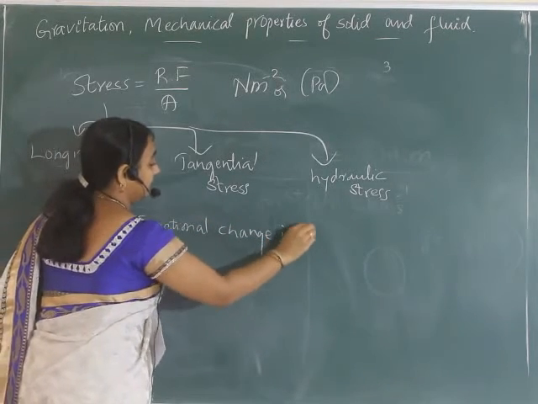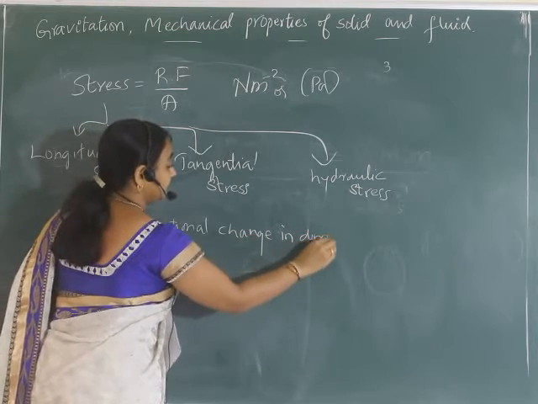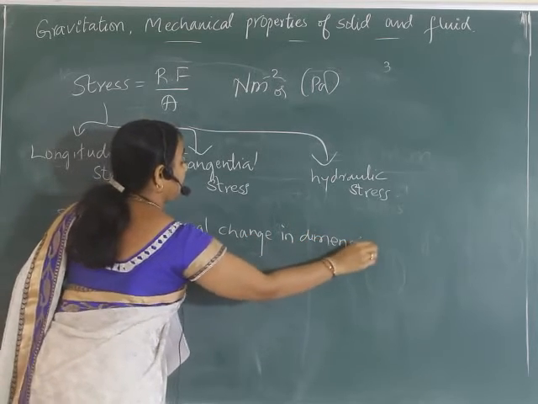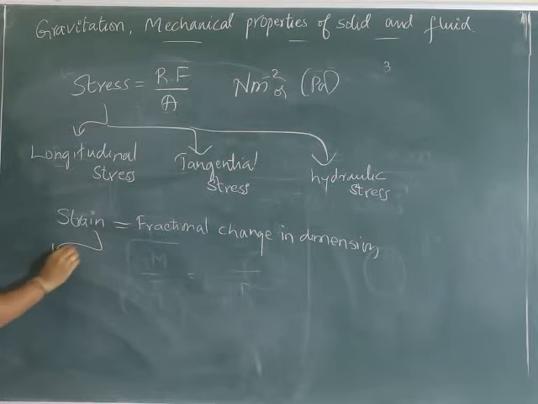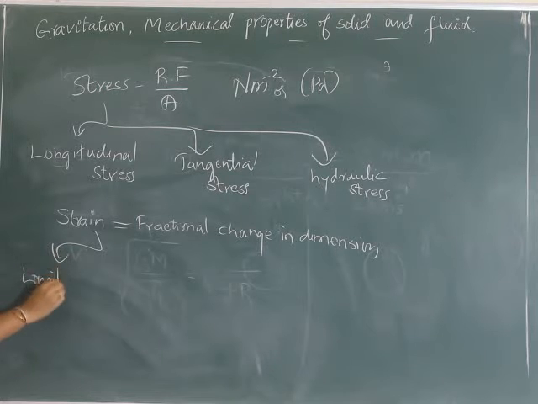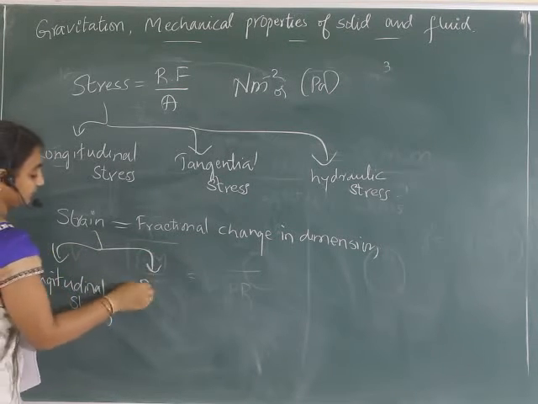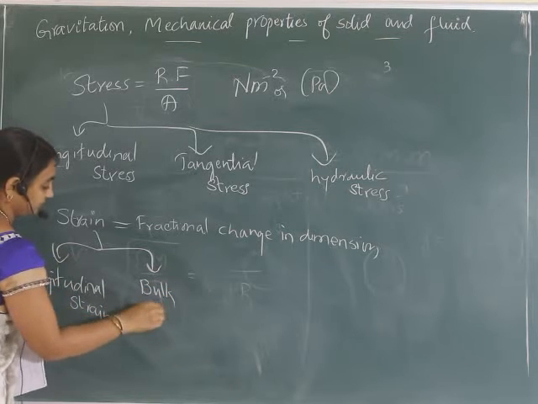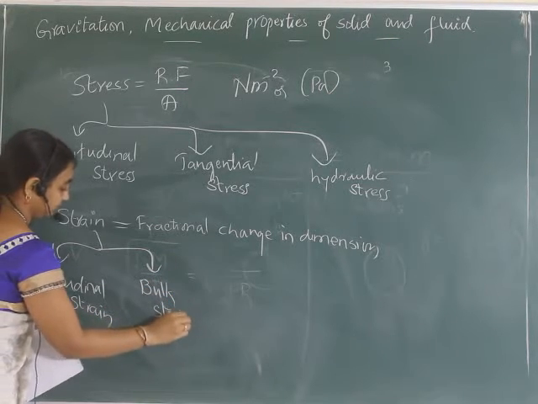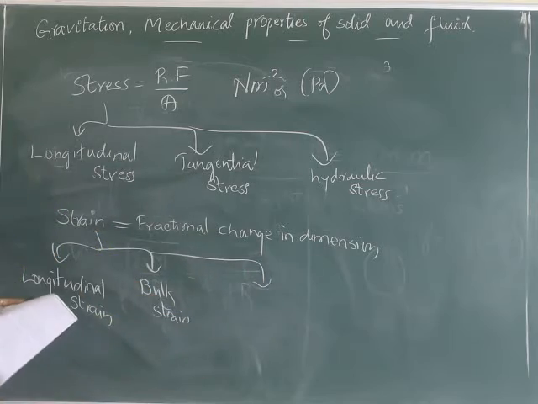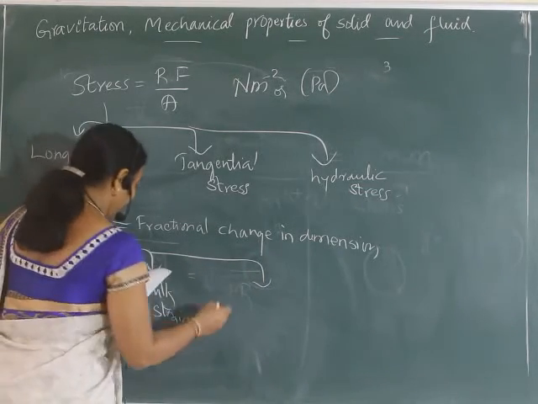There are three types of strain: longitudinal strain, bulk strain or volume strain, and tangential strain or shearing strain.